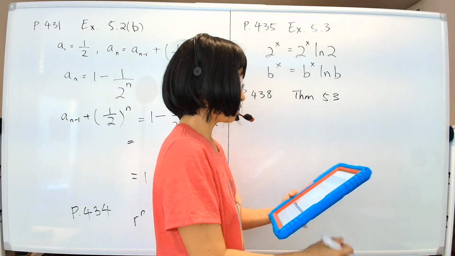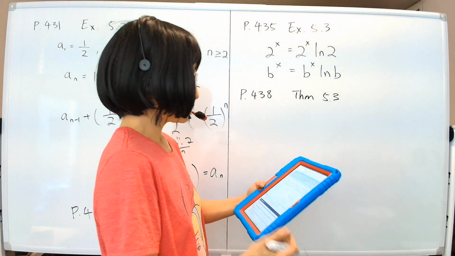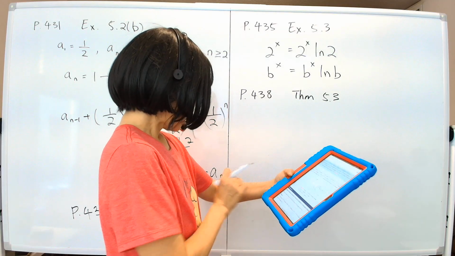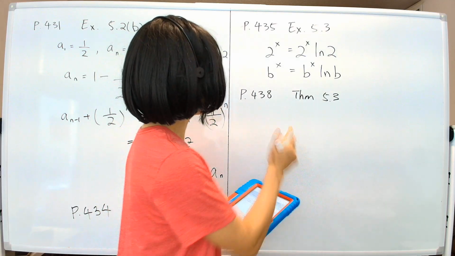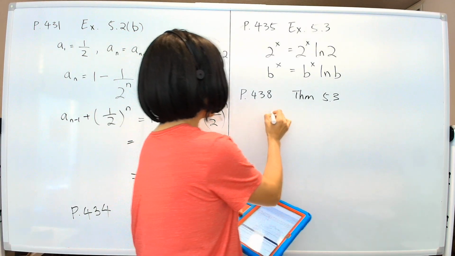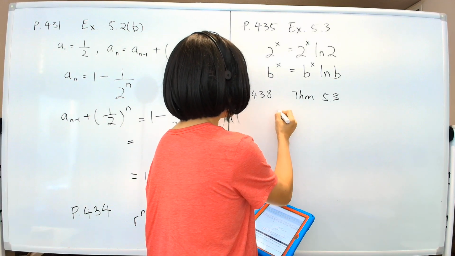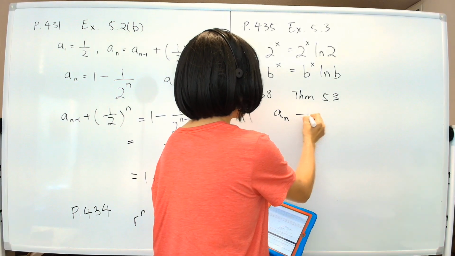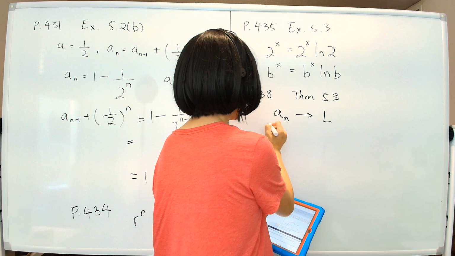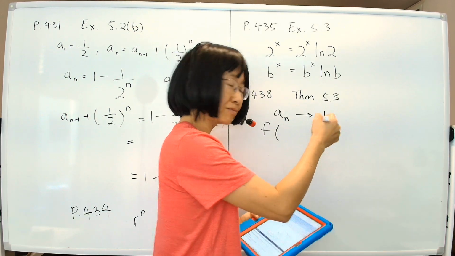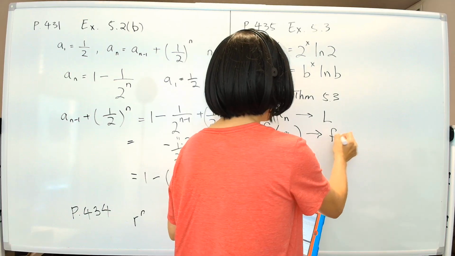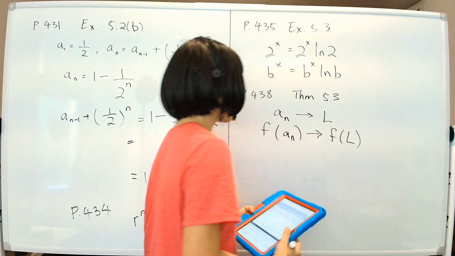Next, let's look at theorem 5.3, which says that if you have a continuous function f and a sequence a_n that eventually converges to some number L, then f of a_n, assuming it's defined in all the right places, will also converge to f of L. That makes sense, since f is continuous.